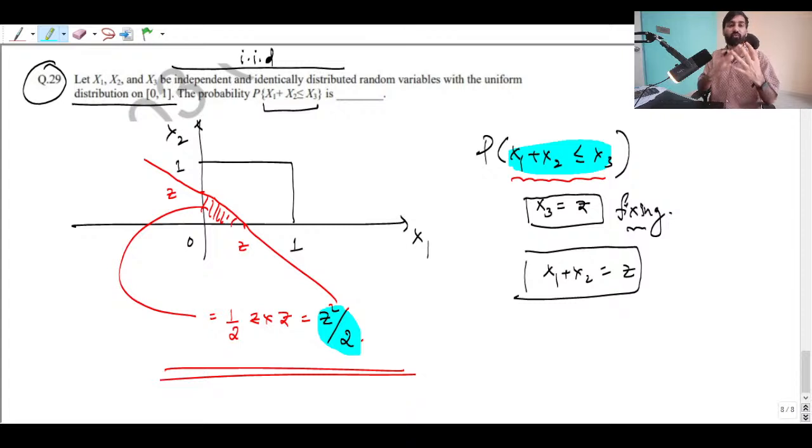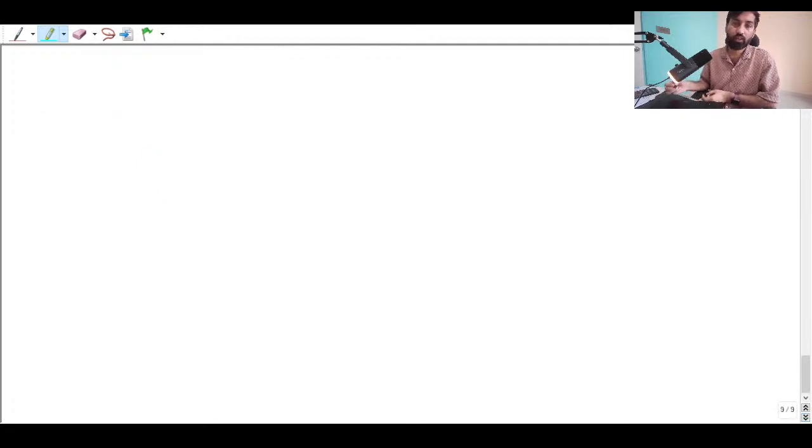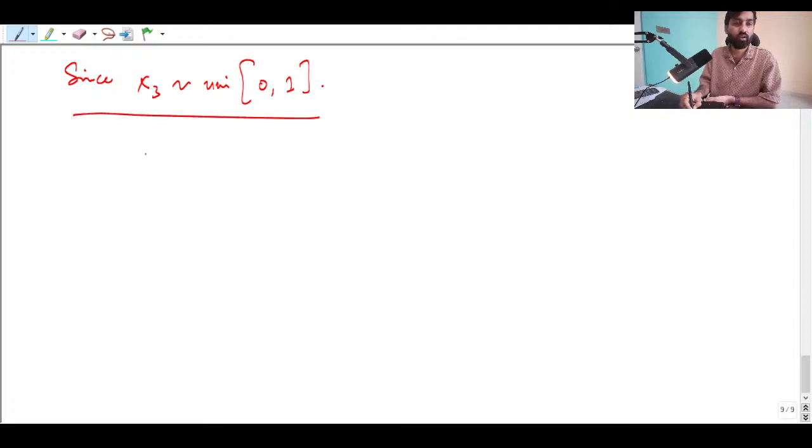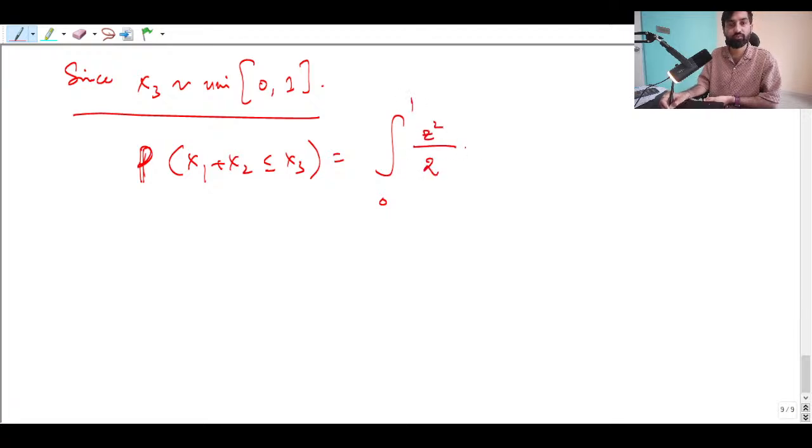But if you want to find the probability, since x3 is also uniform in 0 to 1, the probability of x1 plus x2 less than x3 is going to be the integral from 0 to 1 of z square by 2 dz.